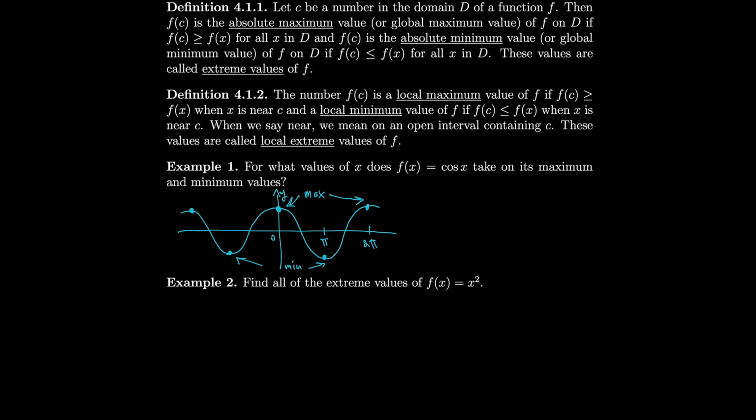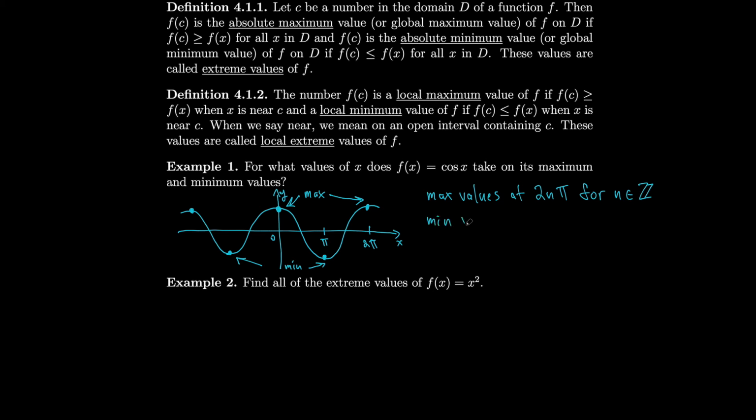We would have another one at 4 pi, and so on. So for x values, we have maximum values equal to 1 at x values of 2n pi, basically any multiple of 2 pi for integers n. So for n in the set Z of integers.